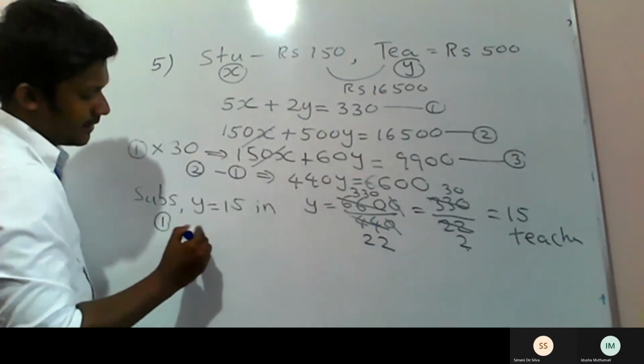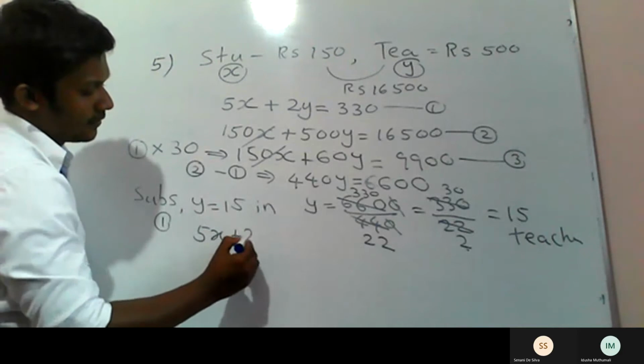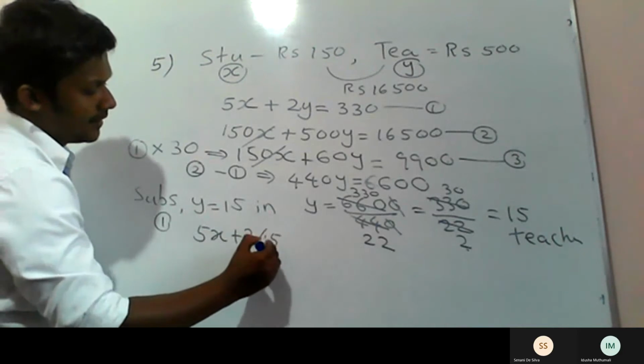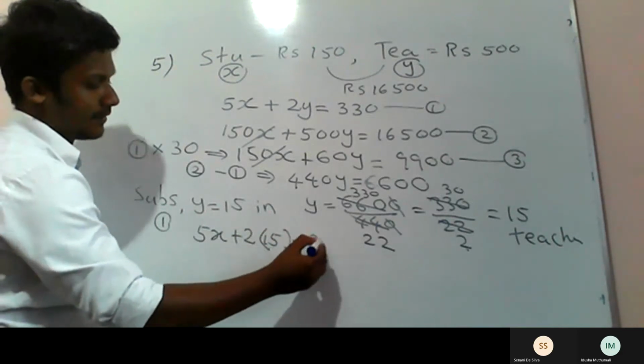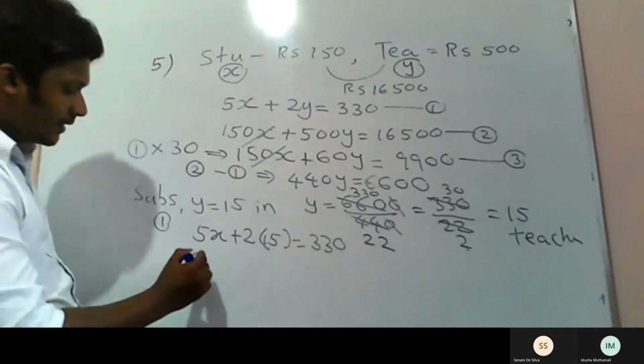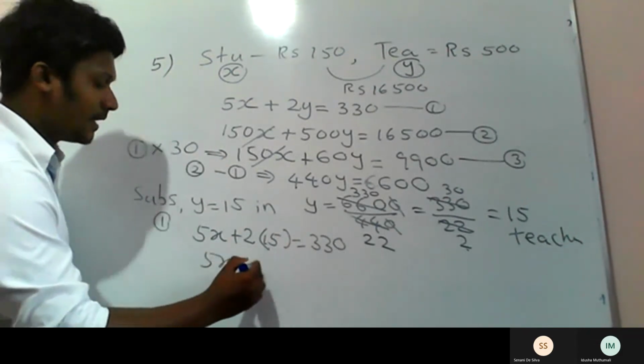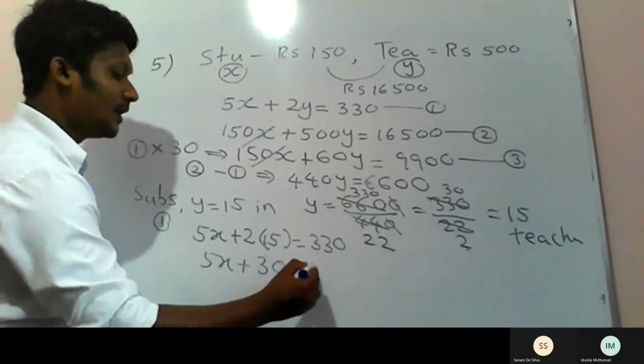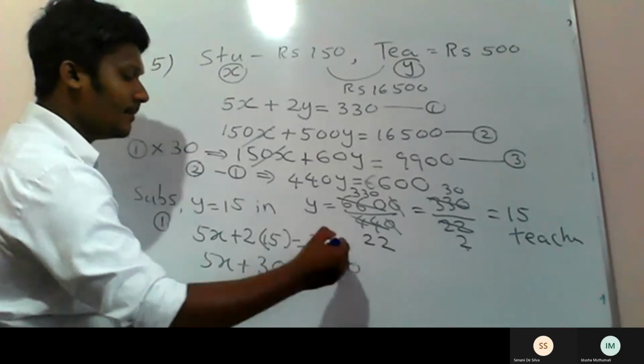Then 5x plus 2 times 15 equals 330. Then 5x plus 30 equals 330.